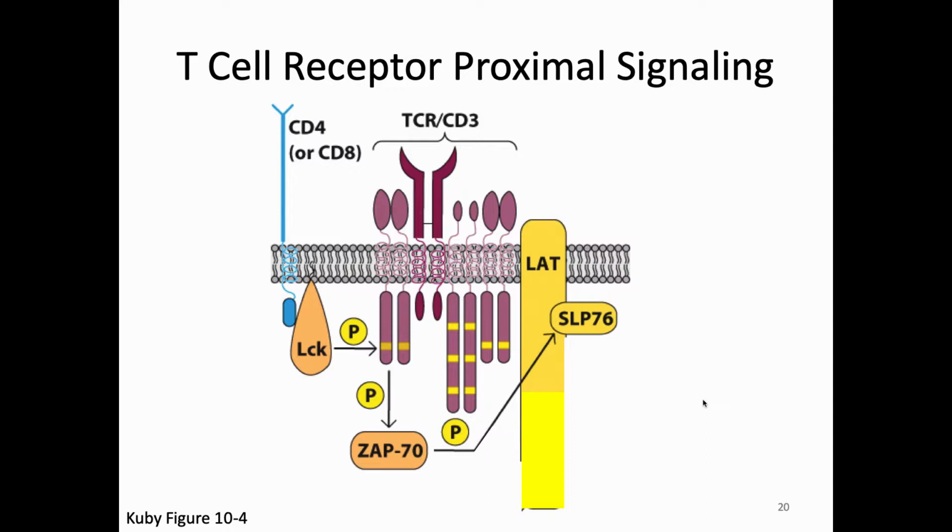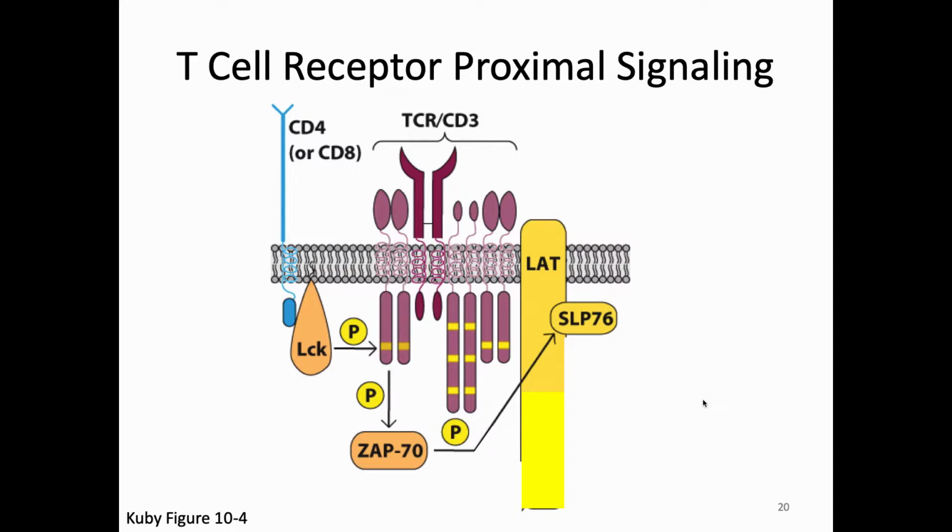Did it have any other functions? Did it like change the voltage or, I don't know, sing a song or anything? No, it did absolutely nothing except sort of just sit there and allow you to change things, right? That's kind of what adapter proteins do too. They have no enzymatic function of their own.